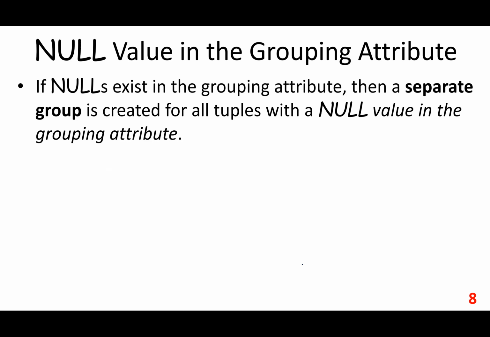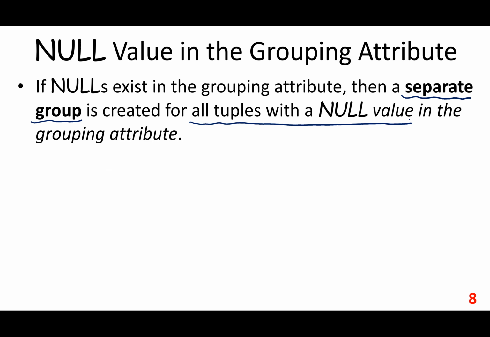If we do not treat it in a special way, then it won't be convenient. Here, we treat it this way: a separate group is created for all tuples with null value, and we put them in one group. Because each null value is treated as a different value, but we don't want to make each null value one single group.